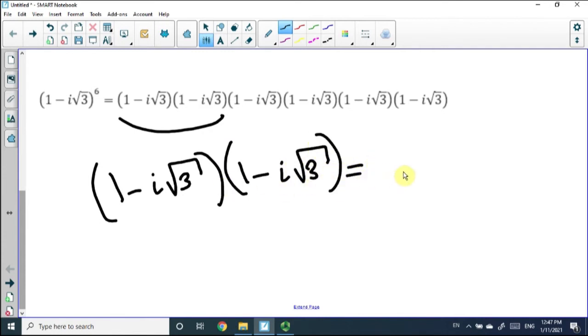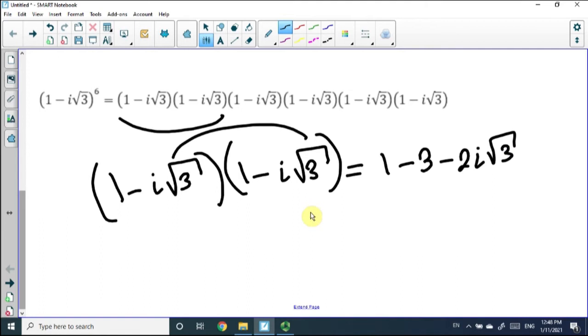Now multiplication will give us 1. The term i square root of 3 times the other one, those two terms will give us minus 3. And then the mixed terms, we're going to get minus 2i times square root of 3.